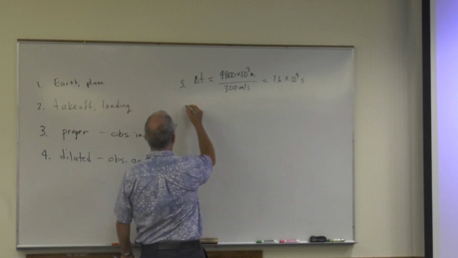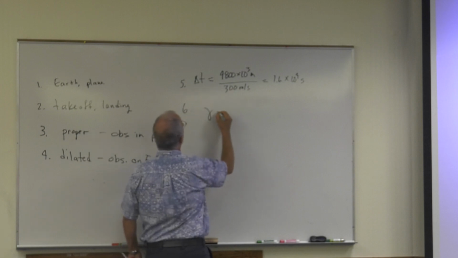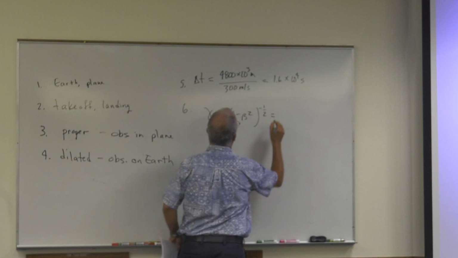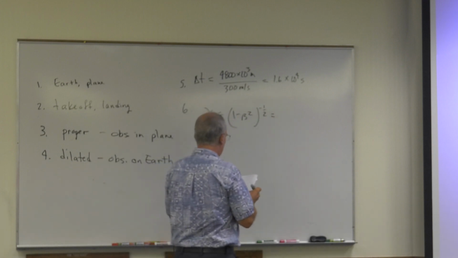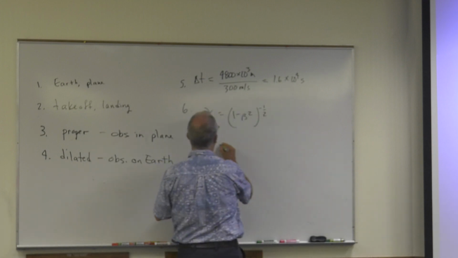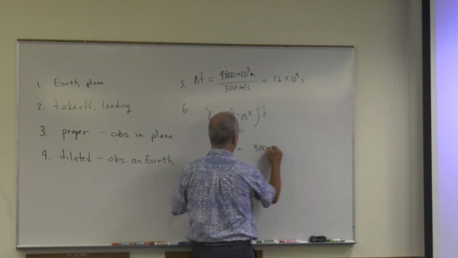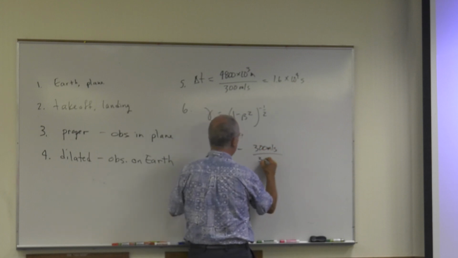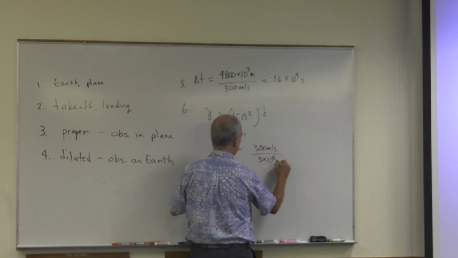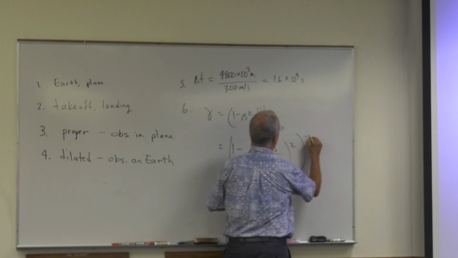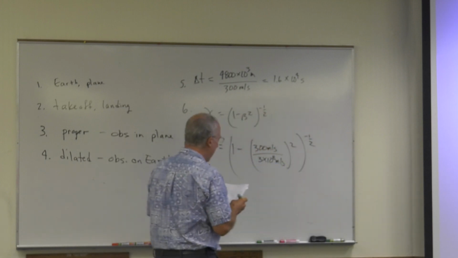Now gamma. Gamma is (1 minus beta squared) to the negative 1/2 power. So that equals 1 minus (300 meters per second over 3 times 10 to the 8th meters per second) squared, all to the negative 1/2.